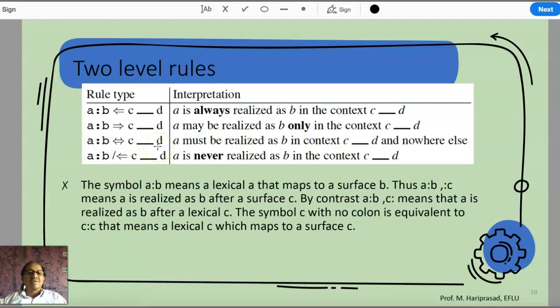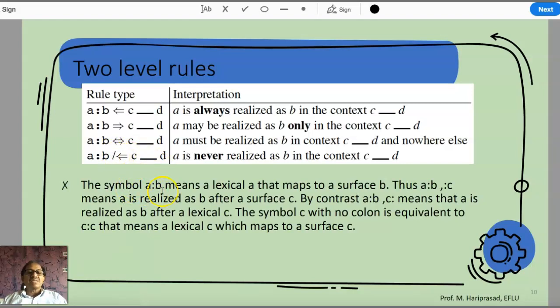And we can also use a slash and the arrow, and we say A is never realized as B in this context. Okay, always realized, may be realized (optional), must be realized and nowhere else, and never realized (negation).